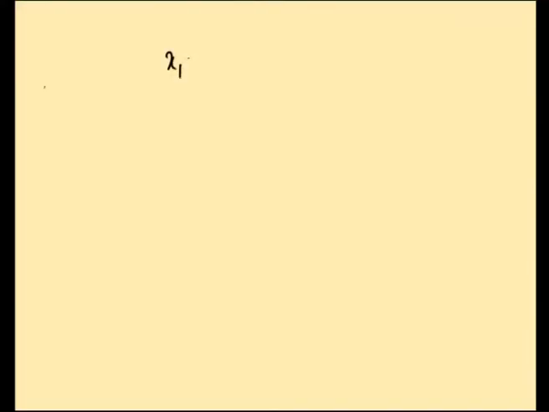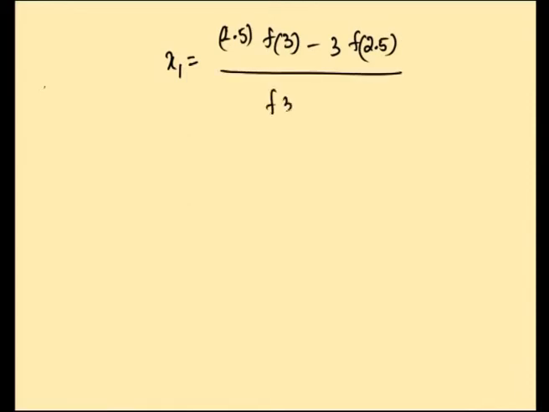So x1 is equal to 2.5 into f of 3 minus 3 into f of 2.5, divided by f of 3 minus f of 2.5. This value comes to be equal to 2.68.